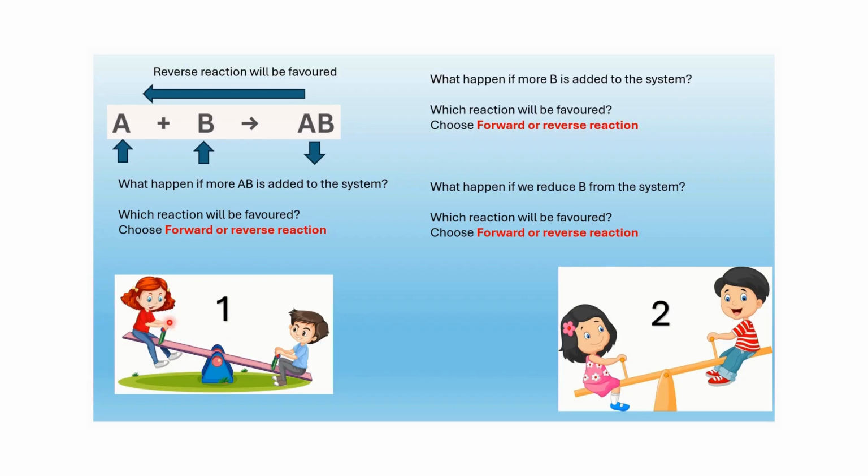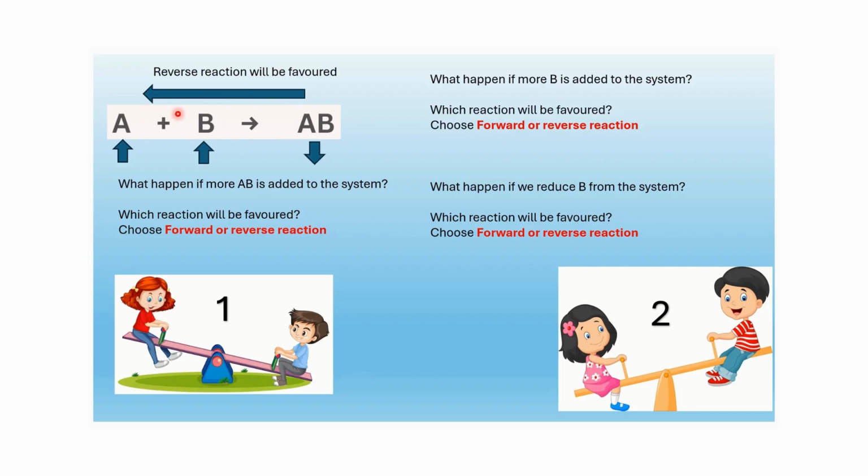And when we favor the reverse reaction or move from right to left, it simply means that whatever is on the left hand side must increase, and whatever is on the right side must decrease. So in this case, if we remove some of B, we are favoring the reverse reaction.